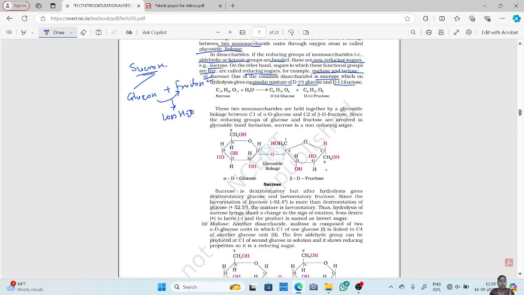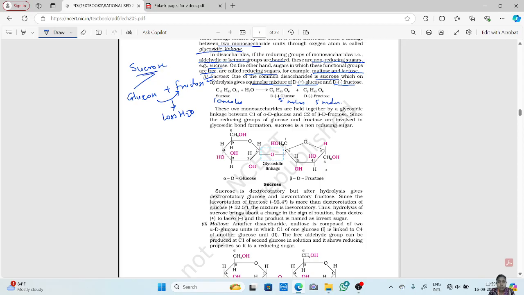So when we hydrolyze sucrose, we will get an equal amount of glucose and fructose. If I am hydrolyzing 10 moles of sucrose, then I will get 5 moles of glucose and 5 moles of fructose. That is an equimolar mixture.